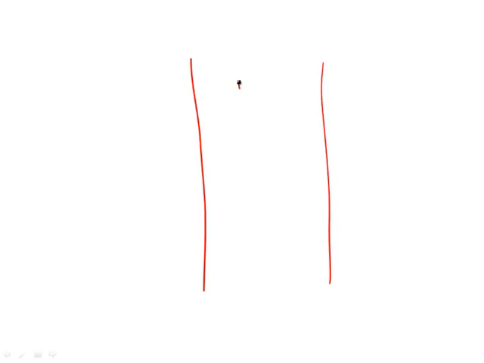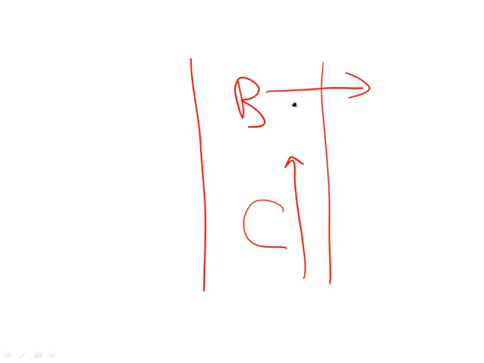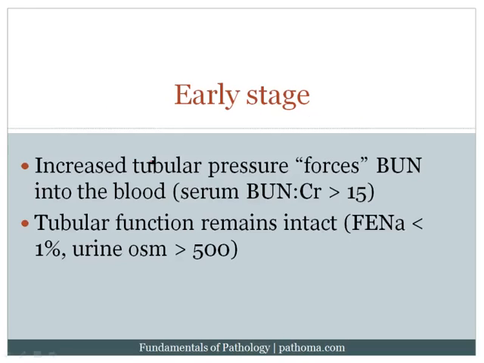Here's the tubule, and you're normally filtering both BUN and creatinine into the filtrate. Now, because there's going to be a back pressure coming from the obstruction, this back pressure will force additional BUN out into the blood. And so the BUN to creatinine ratio in the blood will now be greater than 15. At the same time, it's important to note that the tubular function remains intact during the early stage of post-renal azotemia.